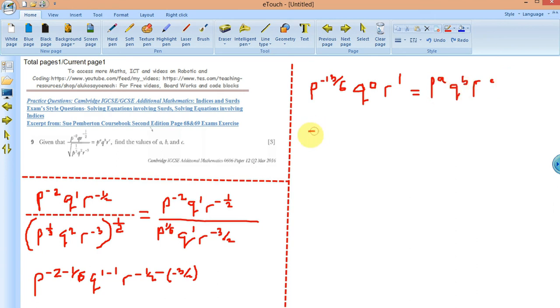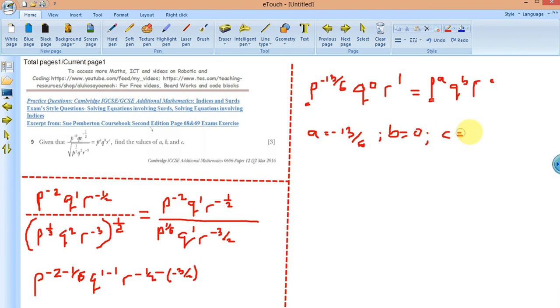Compare the index for p: a is minus 13 over 6. Compare the index for q: b equals 0. And finally compare the index for r: c equals 1.